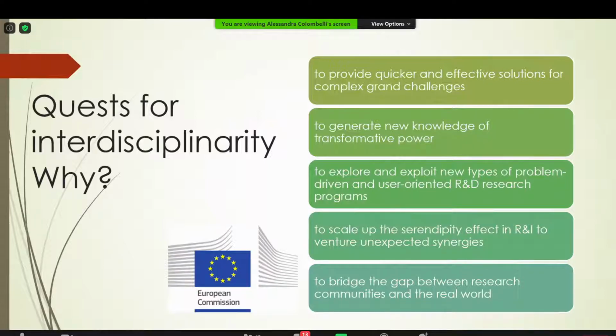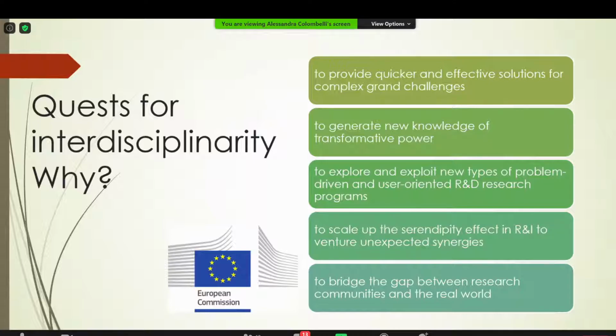The belief is that interdisciplinary research is helpful to find solutions for complex grand challenges, and it helps in finding this solution in less time and more effectively.